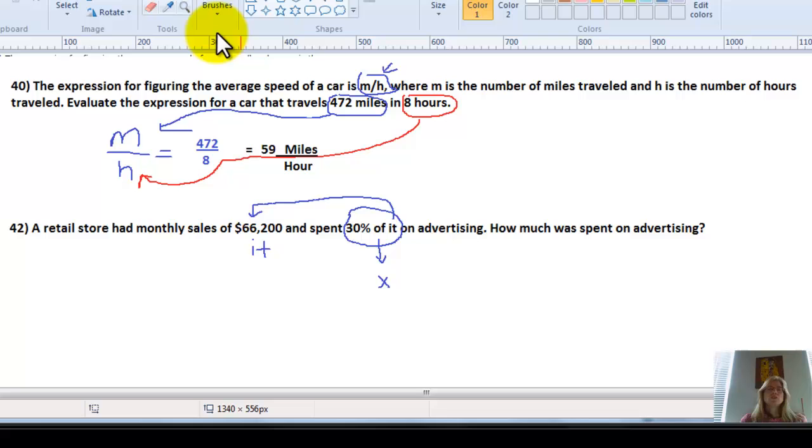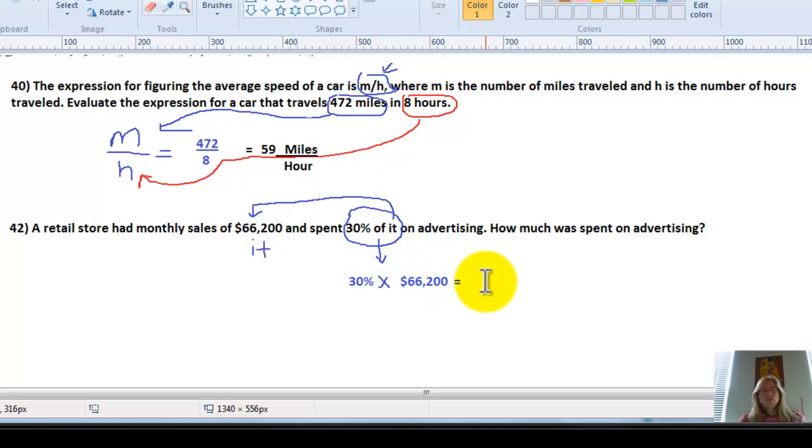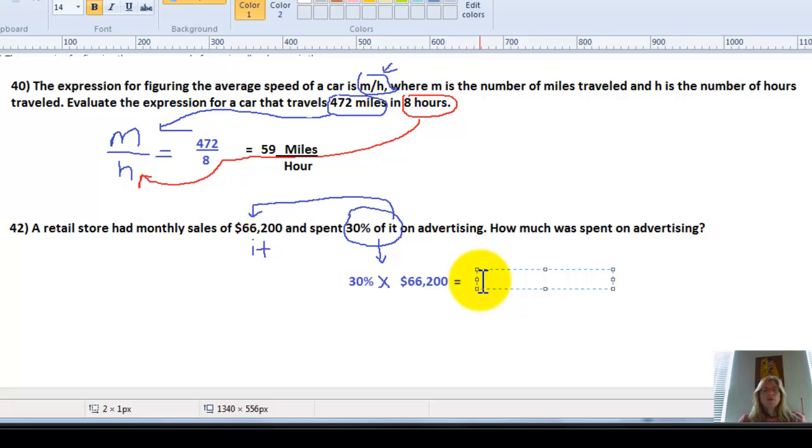So what you're saying is 30% times the total sales of $66,200. So that's your equation that you're going to use to solve the problem.